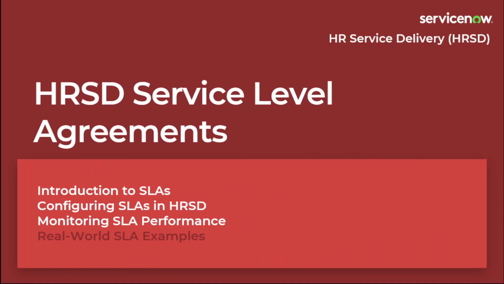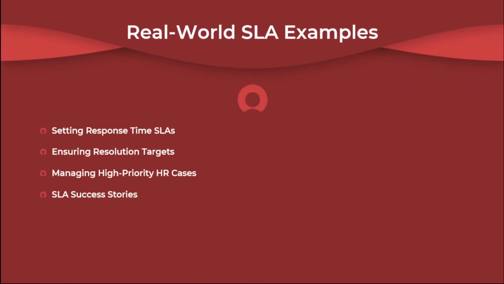Real-world SLA examples. SLAs play a vital role in ensuring smooth HR service delivery. Let's look at some practical use cases. Response time SLA: for example, an employee submits a request for ID card renewal. HR must acknowledge the request within 24 hours.